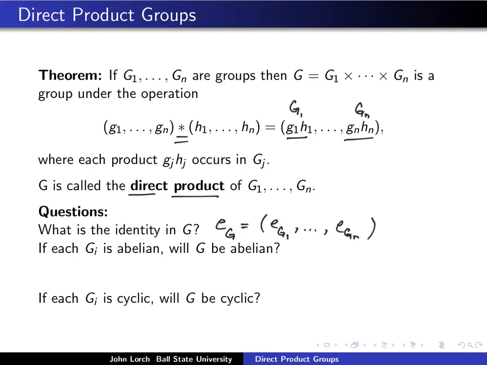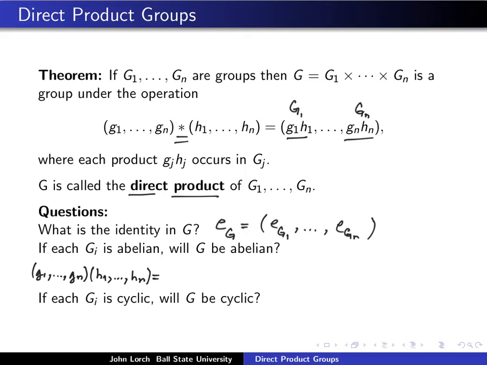Now what about this business about being abelian? It turns out that if all of the groups G sub i are abelian, then the direct product will also be abelian. We can see this if we take (g1, ..., gn) and apply it to (h1, ..., hn).